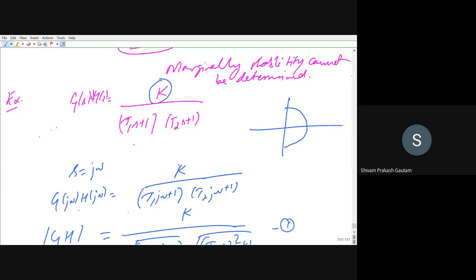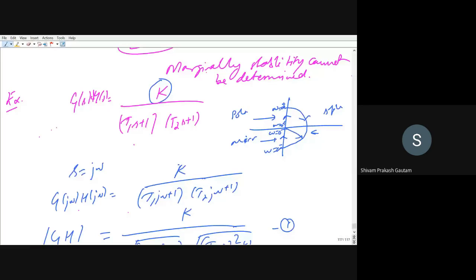The Nyquist contour for this case will be, this is the S-plane, this is omega is equal to 0 plus, this is omega is equal to infinite plus, this is omega is equal to 0 minus, this is omega is equal to infinite minus. It will go from 0 to infinite plus, then from plus infinite to minus infinite, then from minus infinite to 0 minus, like this. So this is the Nyquist contour. Now we have drawn this polar plot, and this is the mirror image of the polar plot. Now for drawing this infinite circle, we have to take the radius.